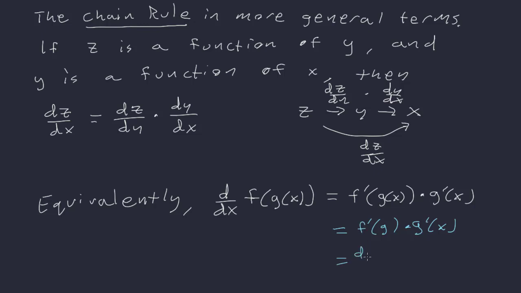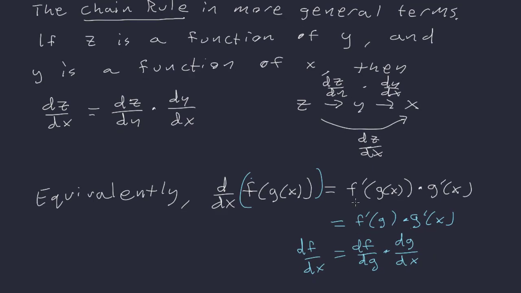In other words, df by dg times dg by dx. And on this side, this is the df by dx. So it's the same thing, just written a little differently in function notation.